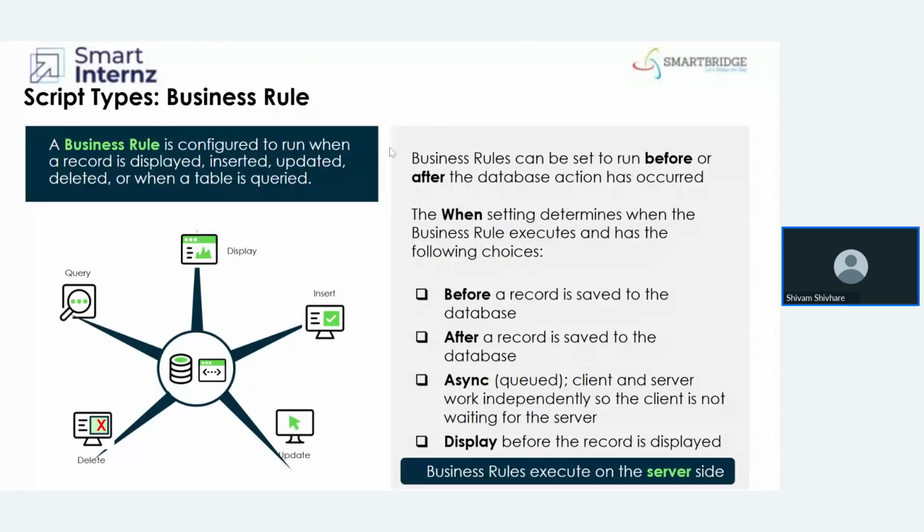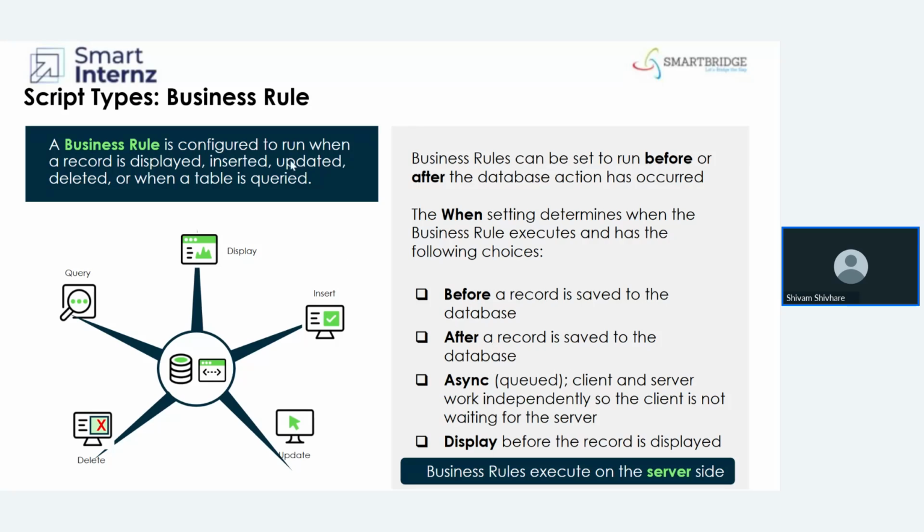These two, before and after business rule, we will mostly use. Okay, we'll go to display. Display is nothing but for the records to be displayed to the user. From the user end, if you want records to be displayed, you will use display business rule.